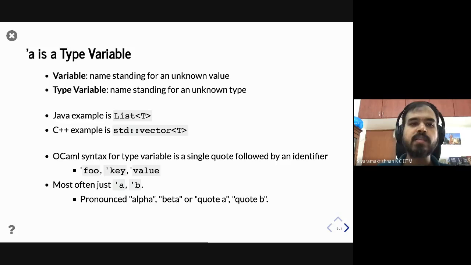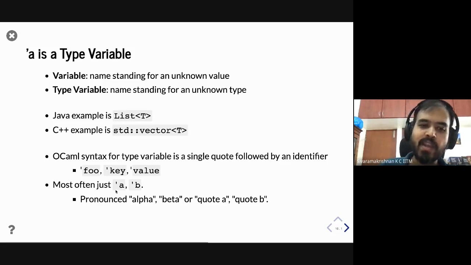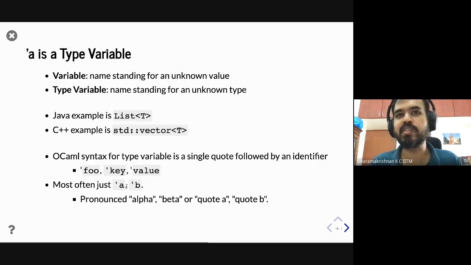They appear in a few places, but not as pervasively as regular variables because OCaml type inference just works usually. So you will never have to name these types. I will tend to use quote A, quote B, and alpha, beta interchangeably, because pronouncing quote A is quite a mouthful. So alpha beta is easier. And when I say alpha beta, think back to quote A, quote B. So I might use this interchangeably.